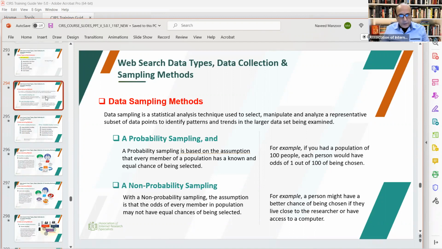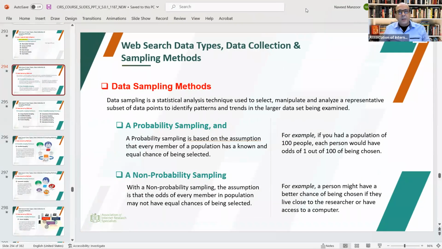Now, we spoke a little bit about what probability sampling and non-probability sampling mean. But to start with, why do we do sampling in research? One of the important aspects of picking the sample size is that the population size is too large, and we need to extract from it a sample that represents that population.